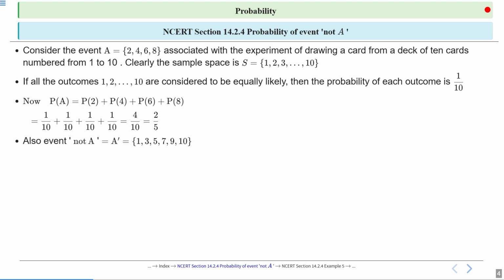Also, consider the event not A. So what is the event not A? The event A is 2, 4, 6, 8.